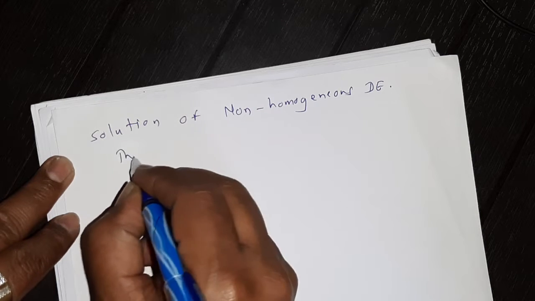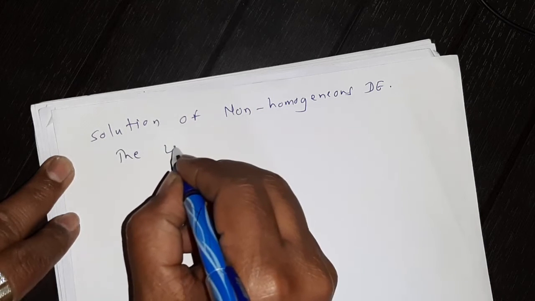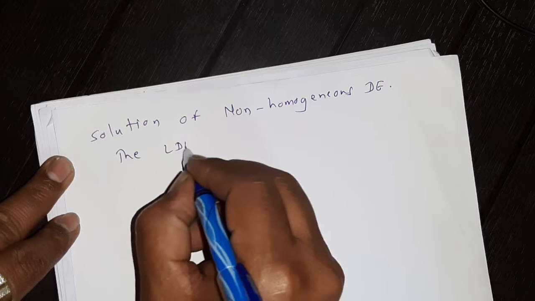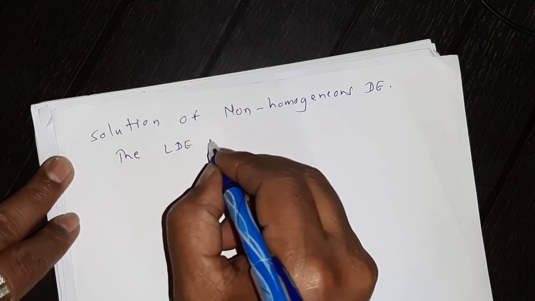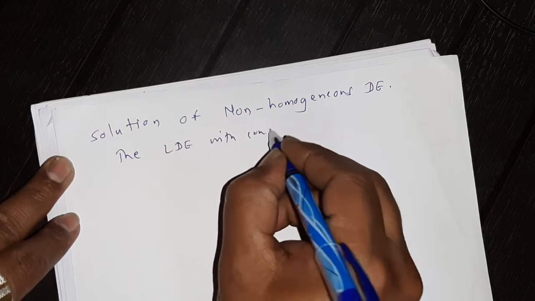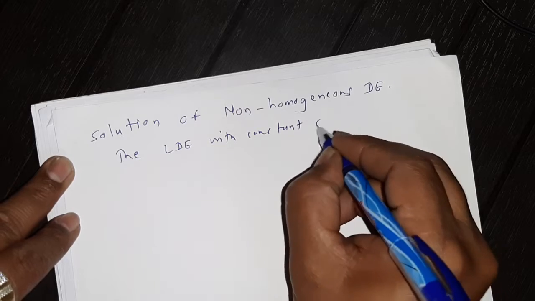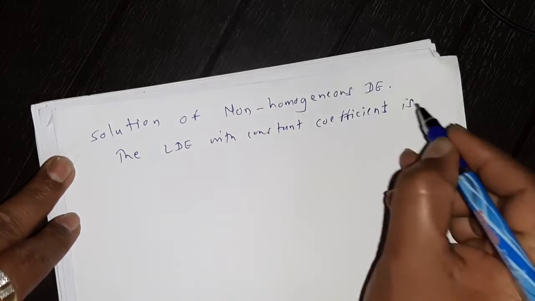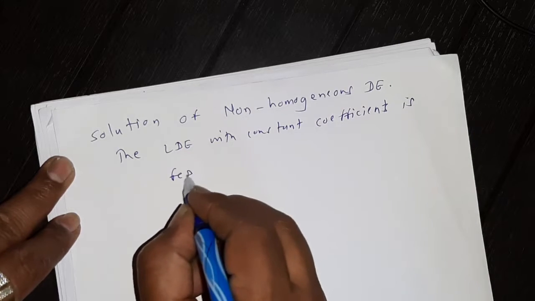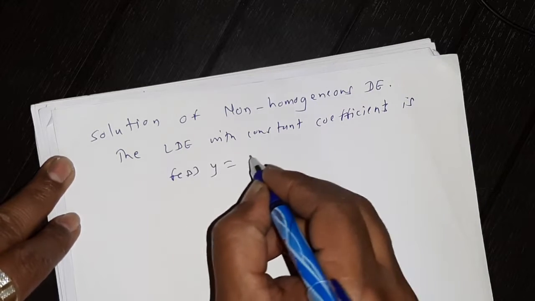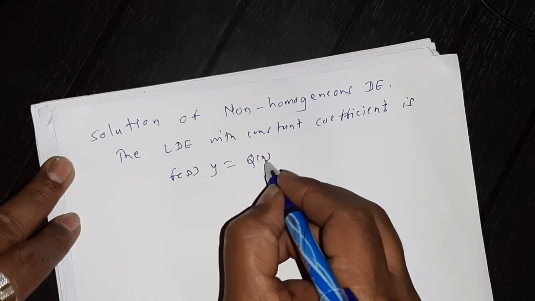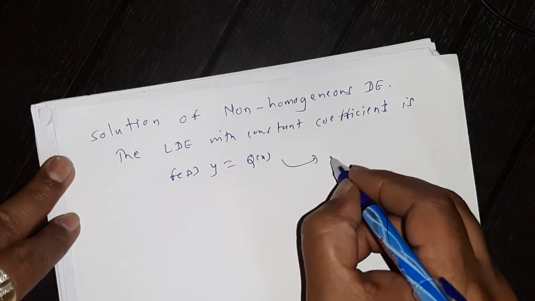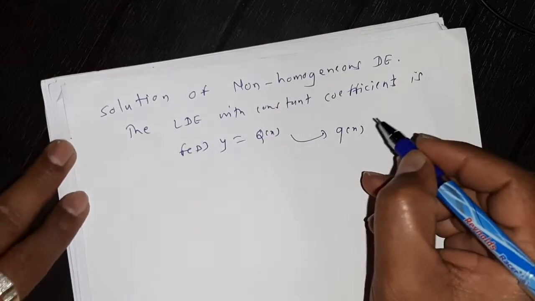We know that the general form of a linear differential equation with constant coefficients is f(D)y equals Q(x). Either write small q(x) or capital Q(x).